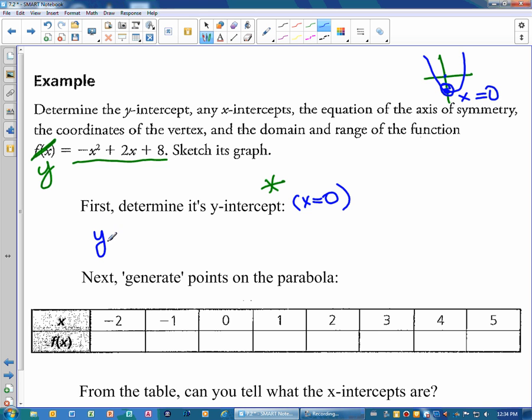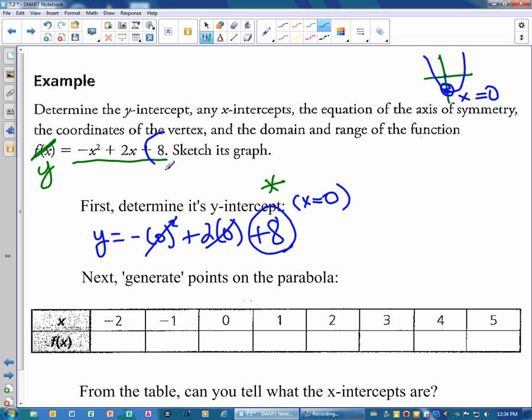So if I go back to my equation, I'm going to have negative 0 squared, which is still 0, plus 2 times 0, because x is 0, plus 8. Well, anytime you multiply by 0, it just makes it 0 and it goes away. So your y-intercept is 8.